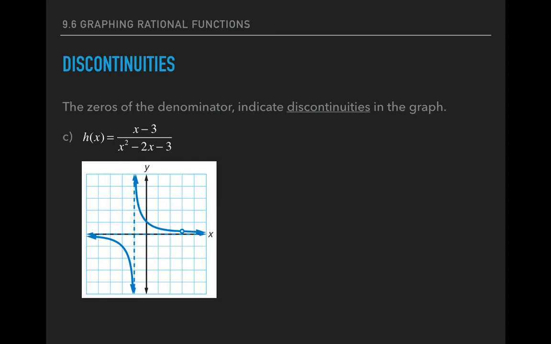You'll see that it has a break at an asymptote, but it also has something else if you look over at the x value of 3. If we were to factor this h function, the denominator would be x minus 3 and x plus 1. And that makes sense now why you have a vertical asymptote at -1, right?